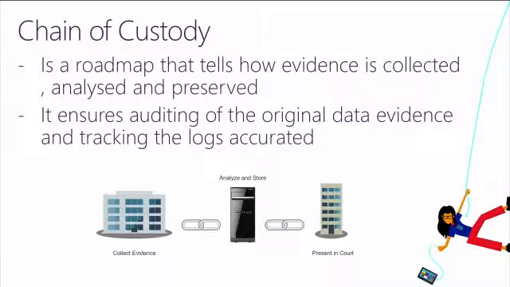It's a set of rules for how we can collect, analyze, store the data, and present it in court. If it's not a court, then we should know how to write a white paper, or just a report to a boss, or do a presentation like us right now for hopefully hundreds and thousands of people.